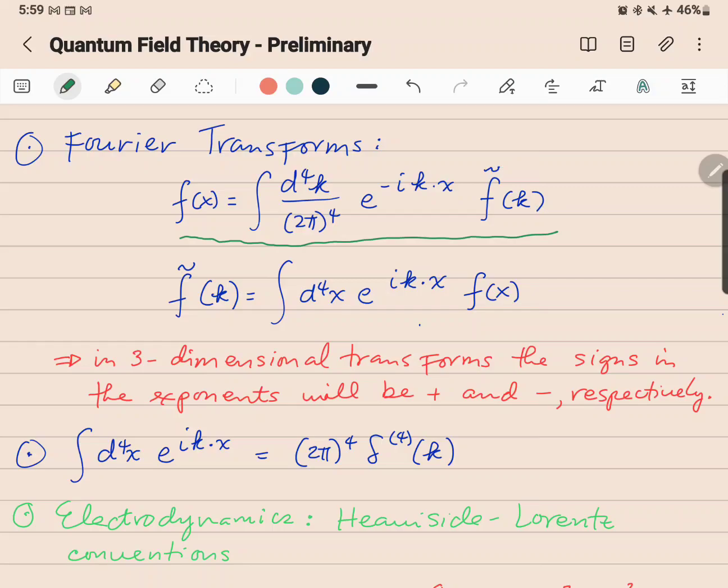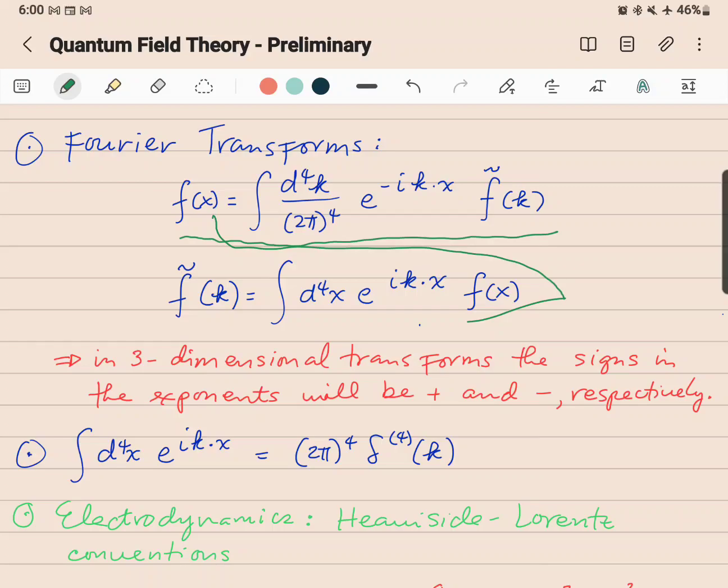That's just the inverse Fourier transform of f of x. So when you get the f tilde of k, this is also the integral d to the fourth x e to the ikx f of x, which is also the Fourier transform of f tilde k.